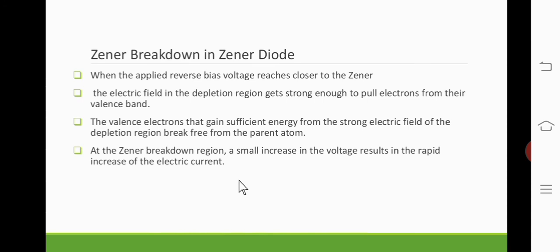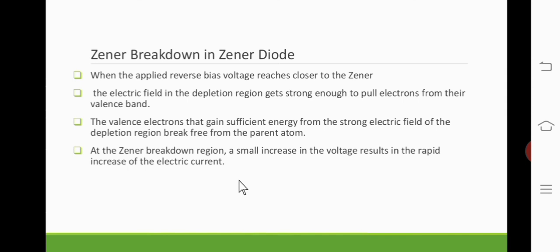So here, if the breakdown occurs in a junction that is heavily doped, it has a narrow depletion layer. Next, this breakdown voltage sets up a very strong electric field, about 10 to the power of 8 volts per meter across this narrow layer. This field is strong enough to break the covalent bonds, thereby generating electron-hole pairs.